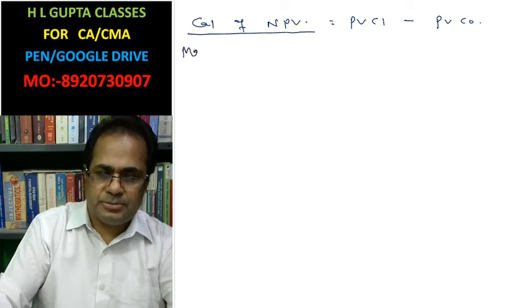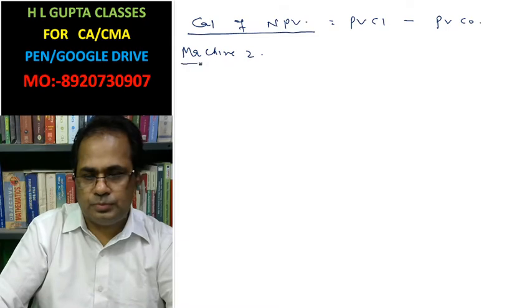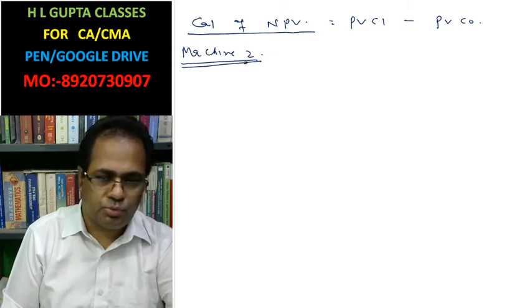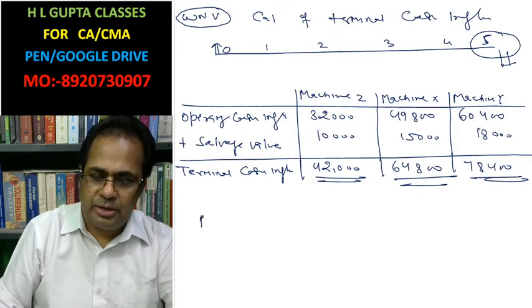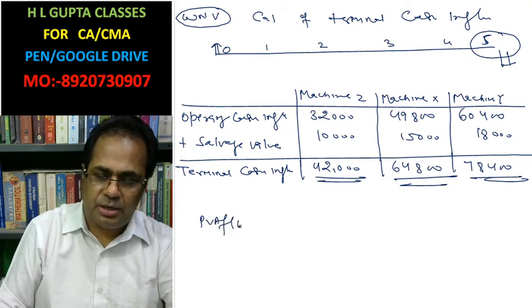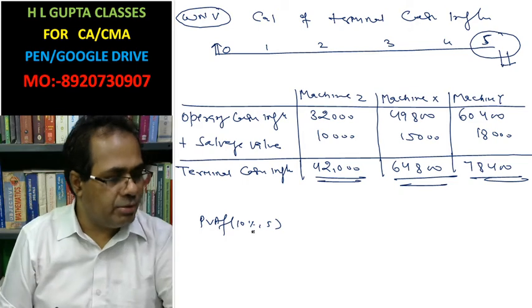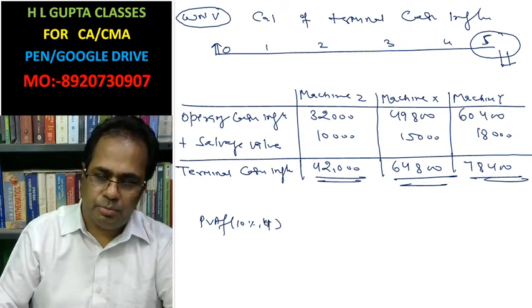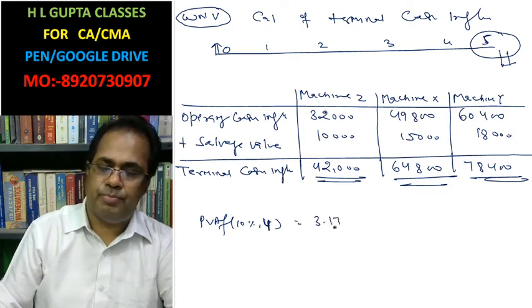In this case, you write machine Z. Present value annuity factor at 10% for 4 years, you can assume 4 years. This is 3.17.